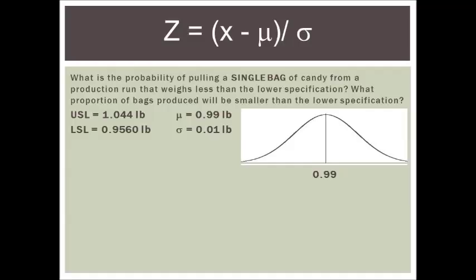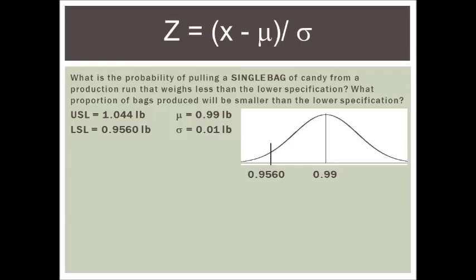All right, now the next step is to draw x on your picture. Along the bottom of this normal curve, that's just a number line. So you just draw in x on that number line. If x is less than 0.99, it's going to go on the left. If x is greater than 0.99, it's going to go on the right. So you draw your picture and draw in x.